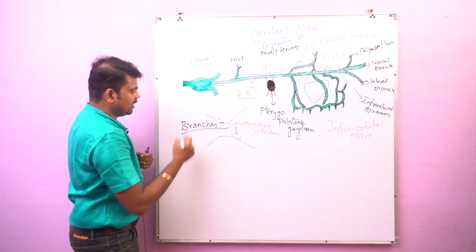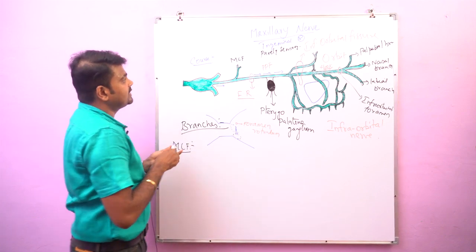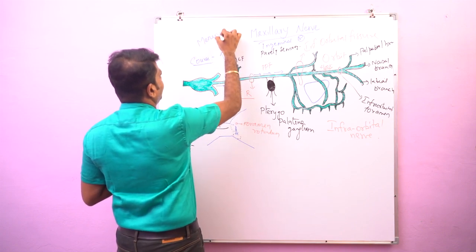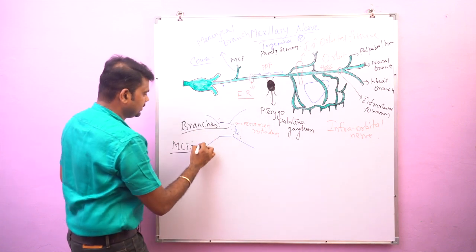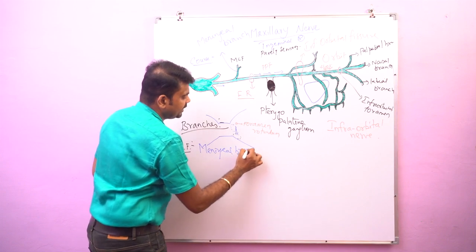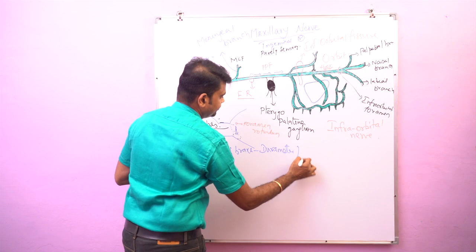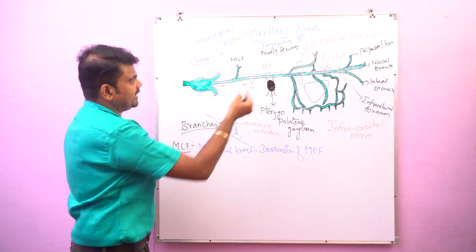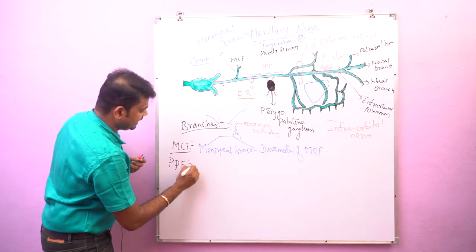First, in the middle cranial fossa, what is the name of the branch? Number one, the meningeal branch. This meningeal branch supplies the dura mater of the middle cranial fossa. In the pterygopalatine fossa, it gives rise to three branches.